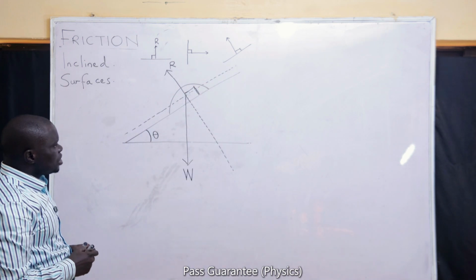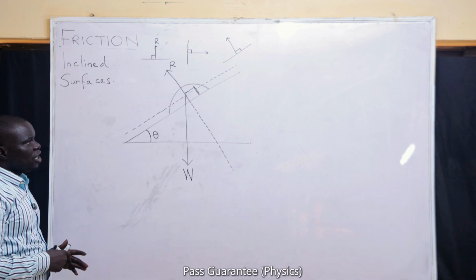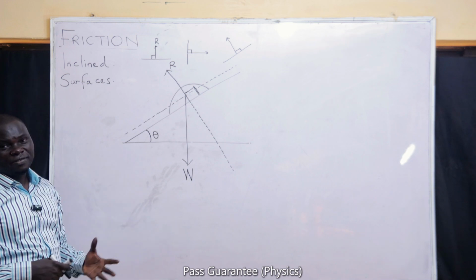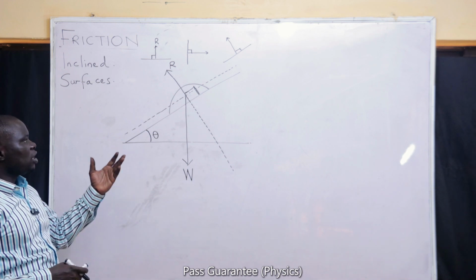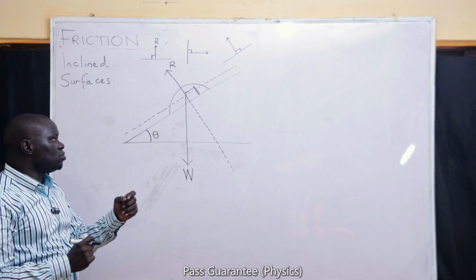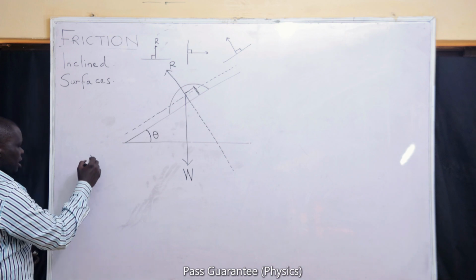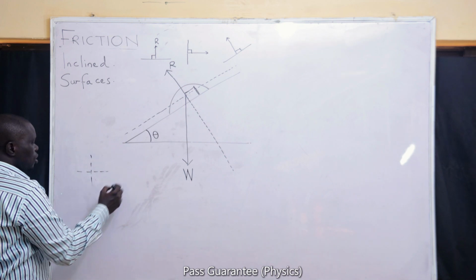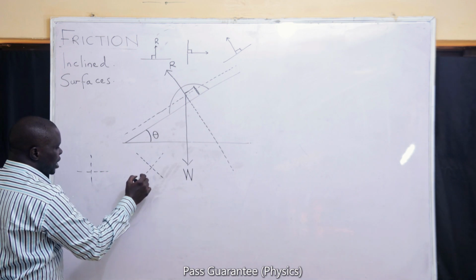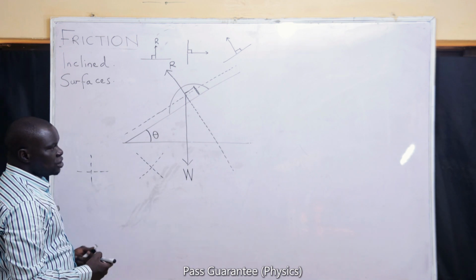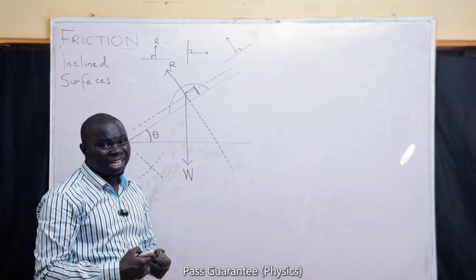Now, one problem with inclined surfaces is that they do not really always follow our y vertical and x horizontal axis. They seem to have their own horizontal and vertical axis that is a little bit modified from the one that we are naturally used to. This is the y and x axis that we are used to, but what we have here looks like a modified y and x. But even with that, we'll still use it because I told you when we were doing vectors and scalars that we can actually resolve in any given direction.